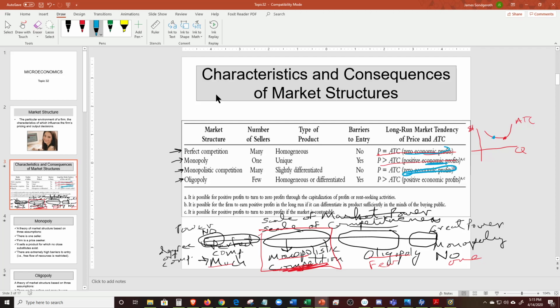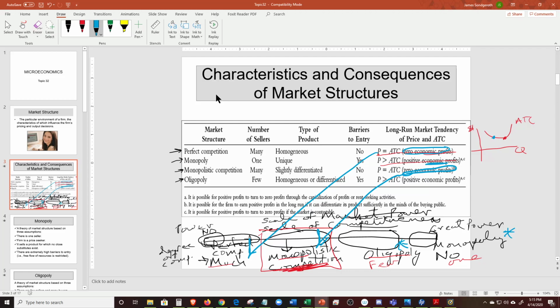So the two competitive firms have zero economic profits, because firms can come in and compete the above normal profits away, or if their average firm is losing money, they'll leave. Only in these two, oligopoly and monopoly, will you find above normal profits existing.